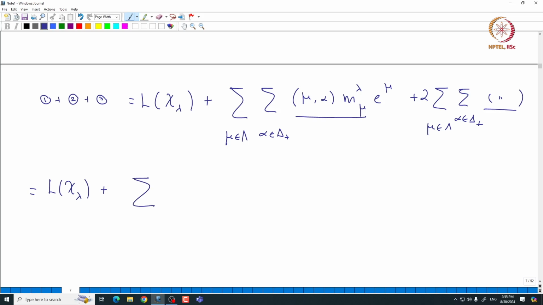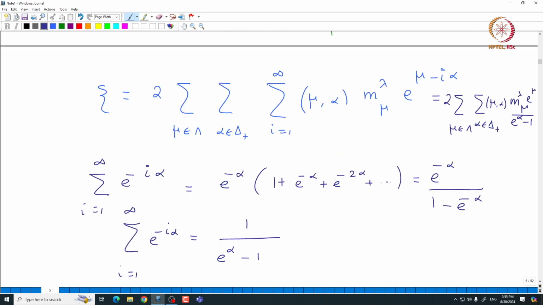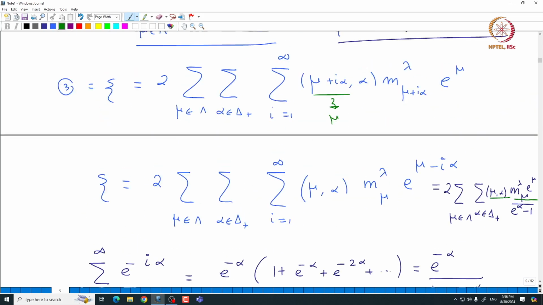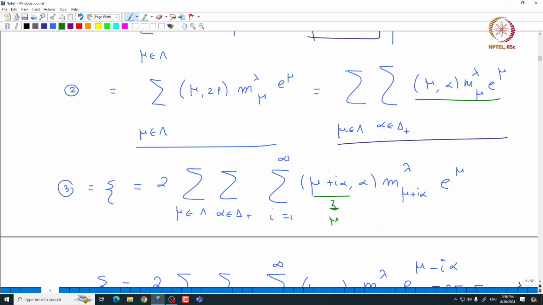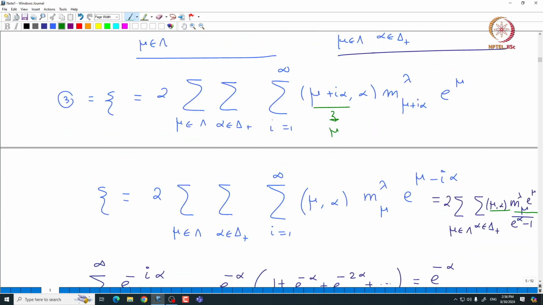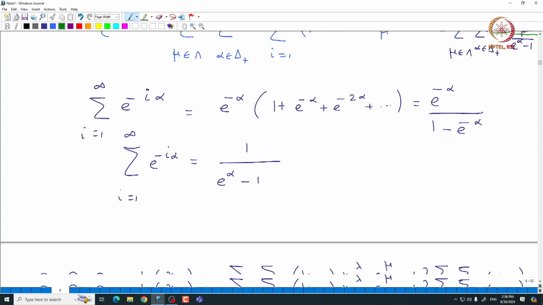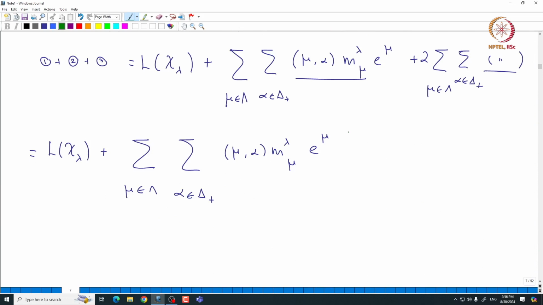This gives you summation mu in lambda, summation alpha in delta plus, with mu alpha and the multiplicity m lambda mu as common terms, and e power mu as well. So 1 is contributed from 2, and 2 divided by e power alpha minus 1 is contributed from the third term.